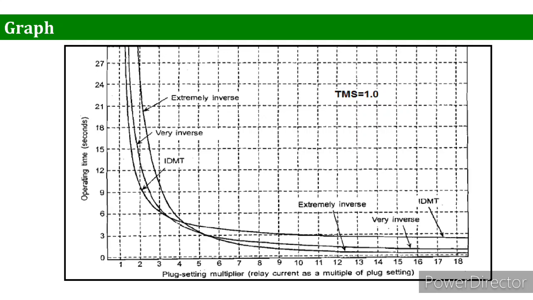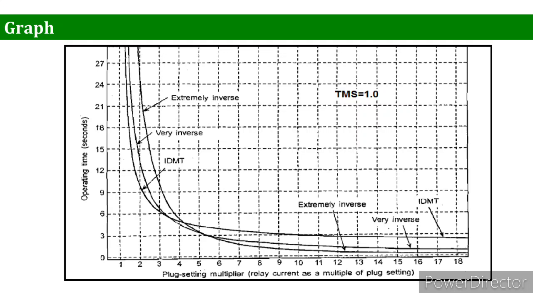The graph basically shows the characteristic of the IDMT relay. As we mentioned, the extremely inverse, very inverse, and simple IDMT. The graph is basically between the operating time and plug setting multiplier. So the formulas we discussed in our last slides are for the extremely inverse, very inverse and IDMT relay cases. If you put the TMS as 1, you can vary the PSM value and achieve different operating times.